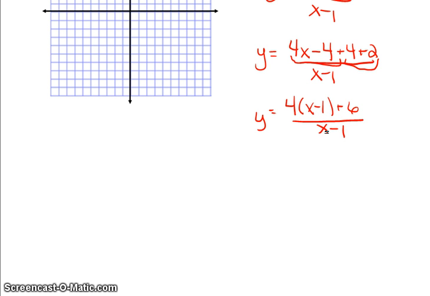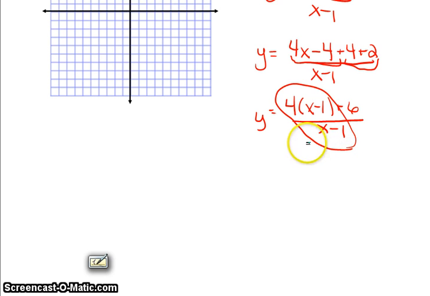Then, using what we know about fractions, we can rewrite our numerator as 2 fractions: the first fraction will be the first part of our numerator, and the second one will be 6 over x minus 1. Remember how we can split up a fraction? We can't do that with the denominator, but we can absolutely do that with our numerator.